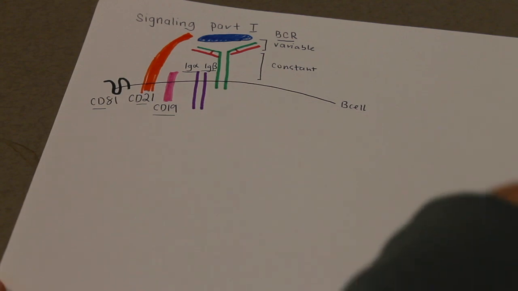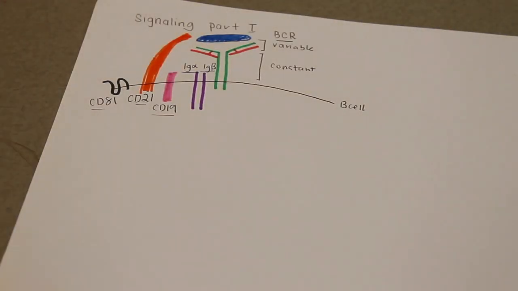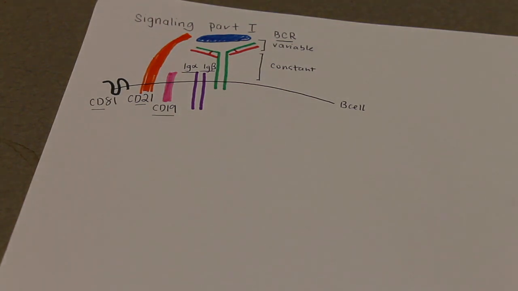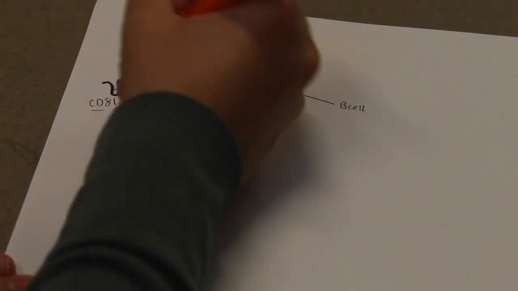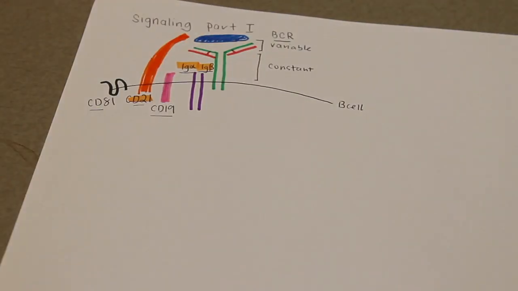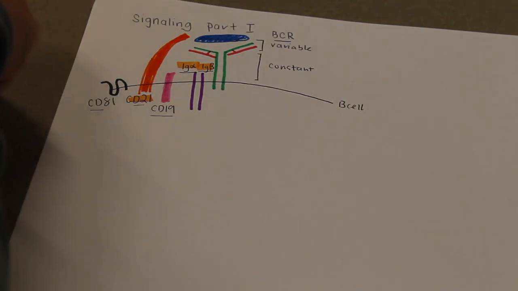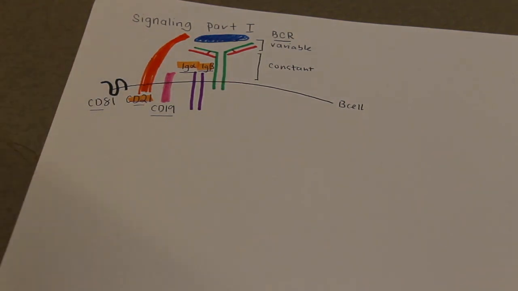And I'm mostly going to talk about the role of CD21 and Ig alpha and Ig beta in B cell signaling. We haven't talked about it much yet, but we will talk about the role of complement and how complement tags pathogens.